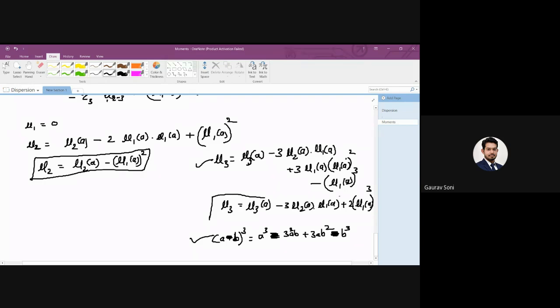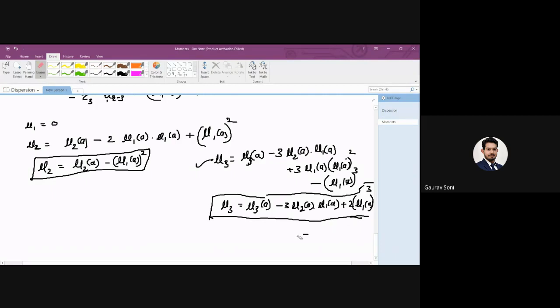Now I expect the last formula from your side before we stop for this session, which is mu4. I need the final simplified. Saurav, what was the problem? Now you can ask.